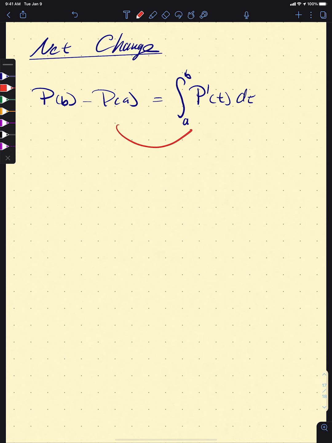Again, this is as long as p has a continuous derivative. If it doesn't, then the tools we've built in this class kind of fall apart.